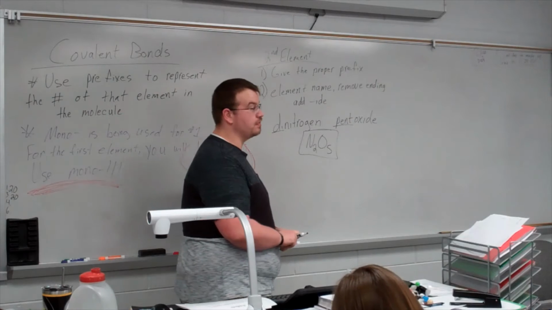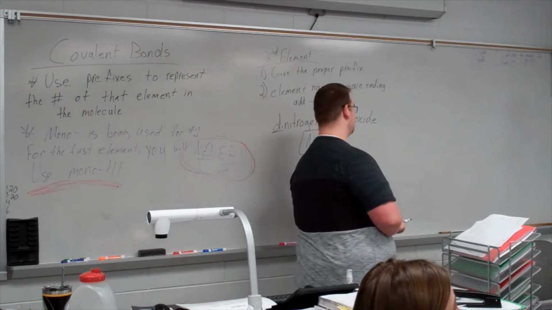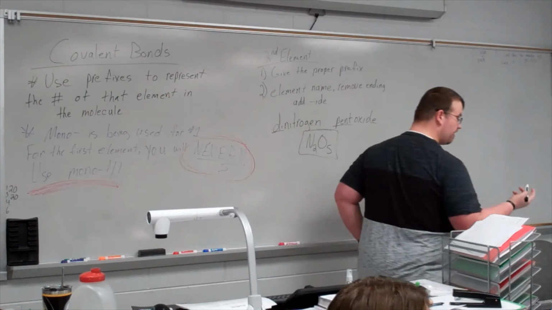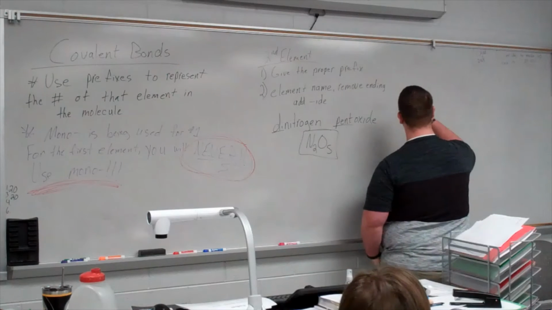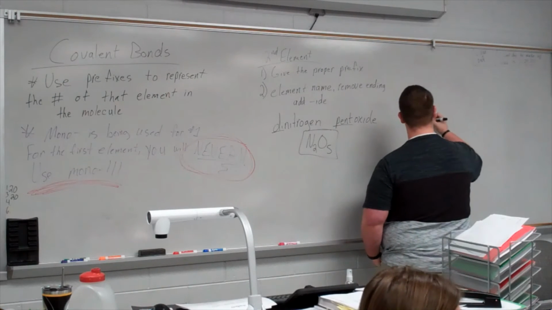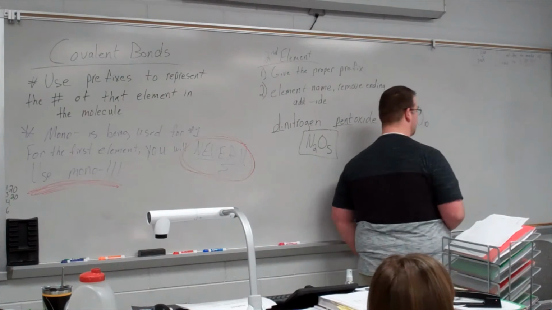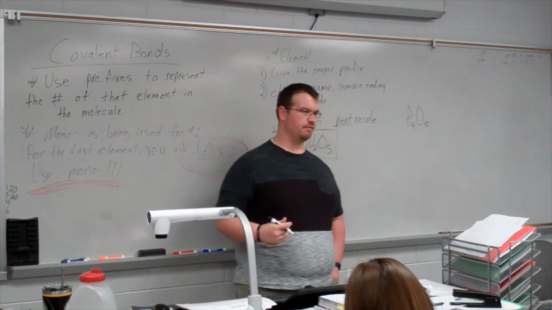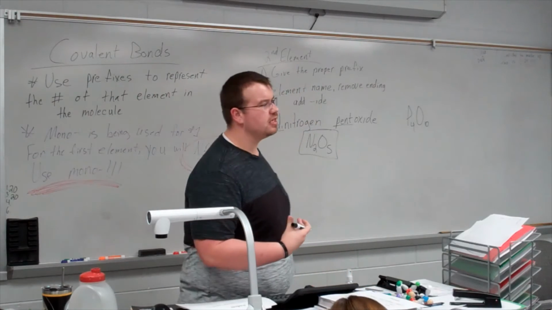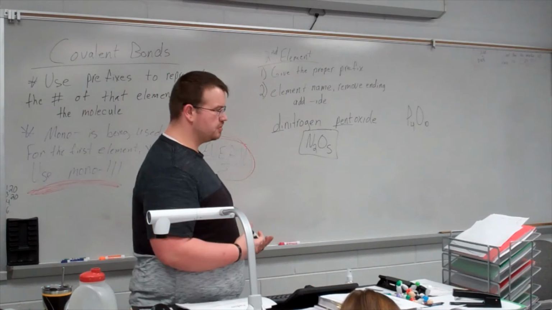It's pretty much coming from the same thing. So for example, this is P4O10. This is where things can get difficult. You have to notice what set of rules to use.